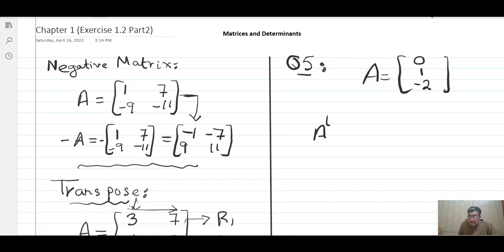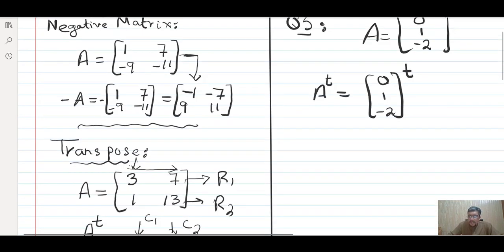In transpose we change the column into row or row into column. So here we have one column, and this will be changed into one row. So the A transpose will be 0, 1, minus 2. This is the transpose of A.